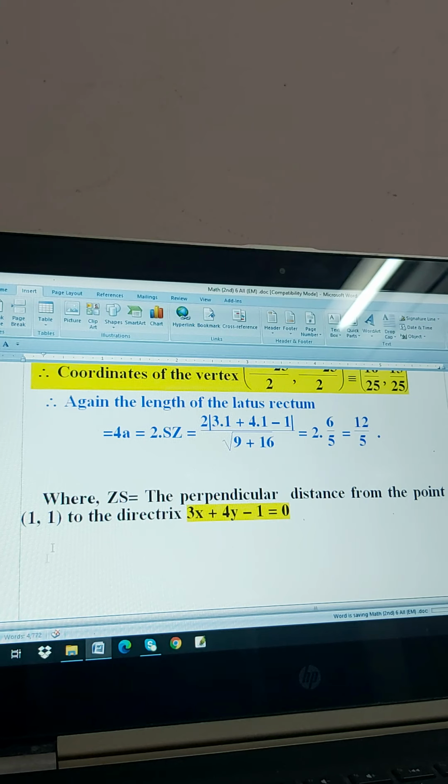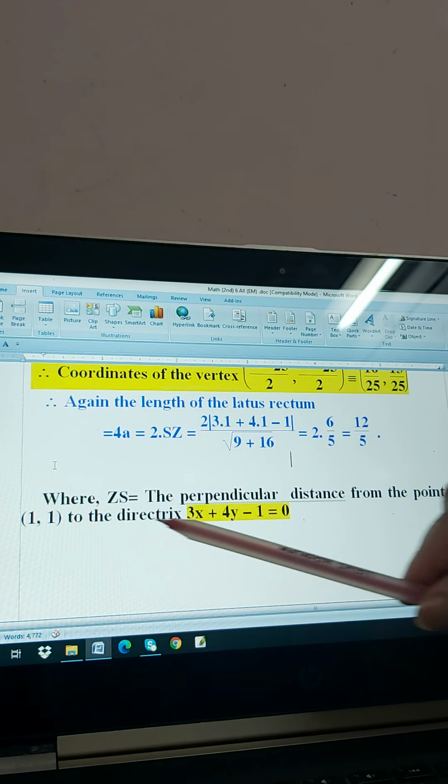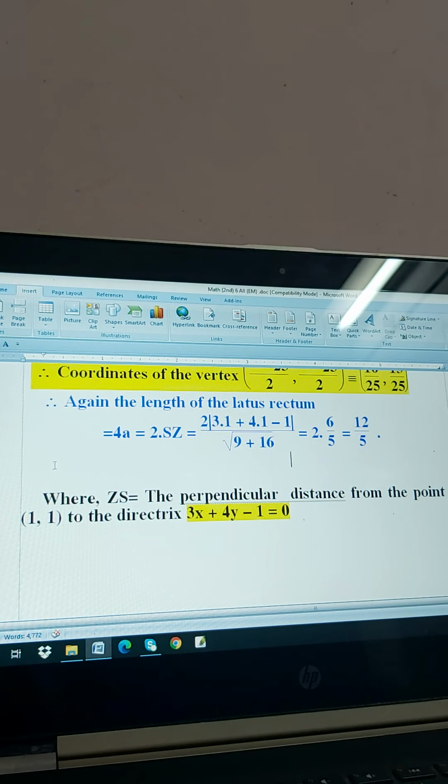This is the side note for clear understanding. This is the length of the latus rectum.